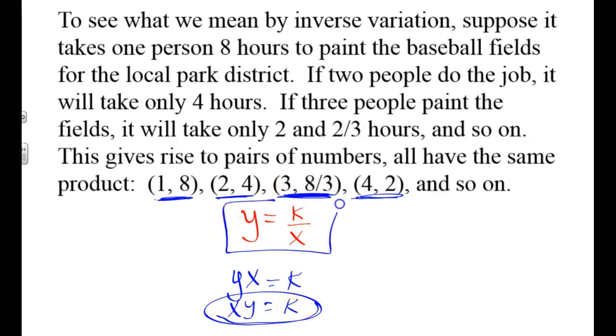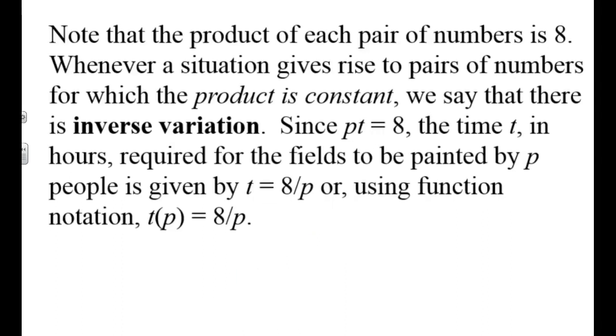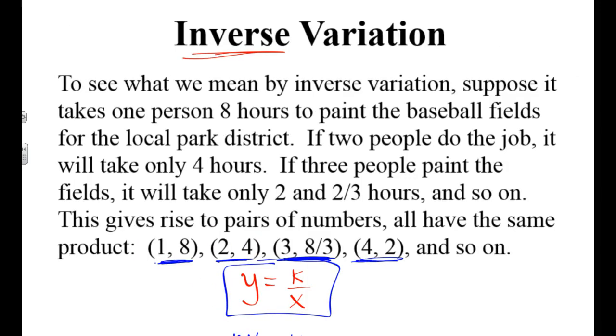But we call this an inverse variation because if you solve for y, it's a quotient. So be careful, it's the opposite of what we were doing before, and that's what inverse means. So for inverse variation, since we have this constant product going on, we say the time it takes is 8 divided by the number of people.